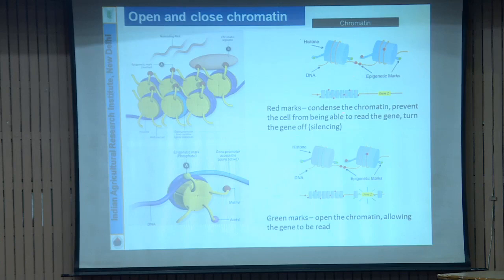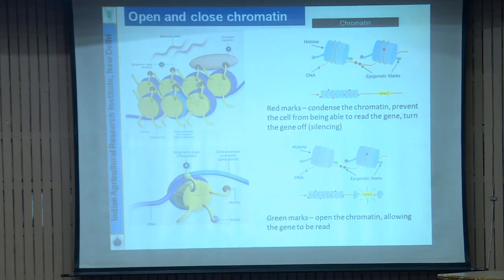Depending upon whether an acetyl group or a methyl group is added, these histone proteins are either compact or loose. If they are compact, no transcription will happen because RNA polymerase and transcription factors cannot bind to it. As a result, this is a closed chromatin which will suppress the function of the gene. The gene will not be expressed and a different kind of phenotype will be produced.